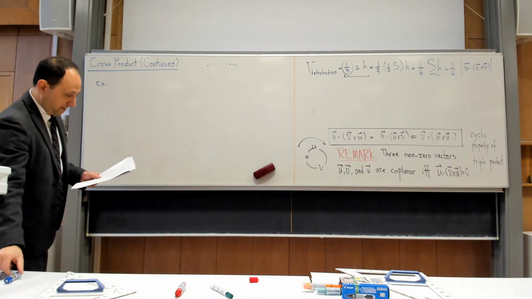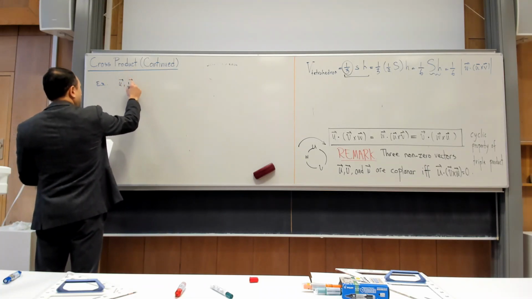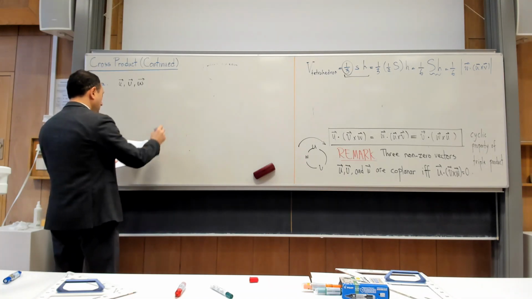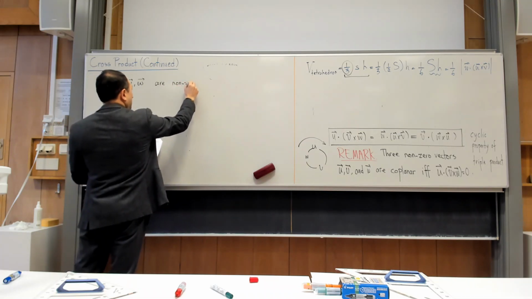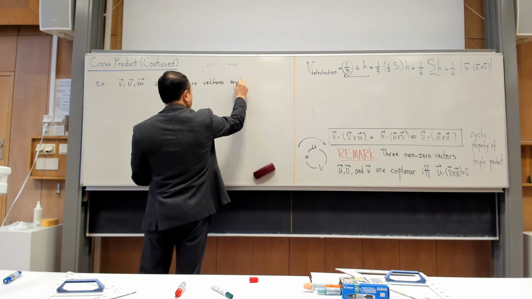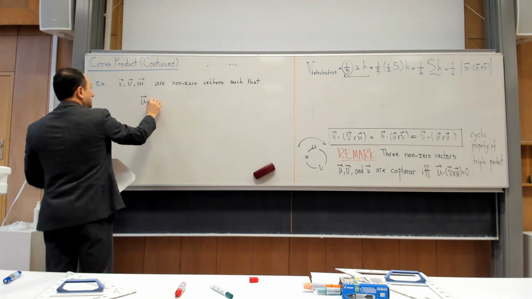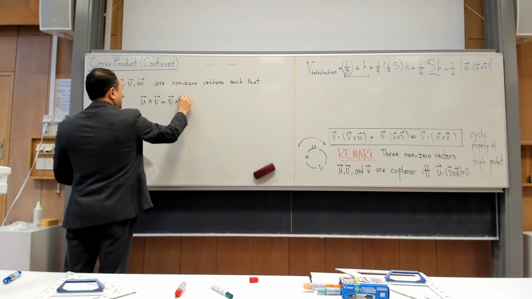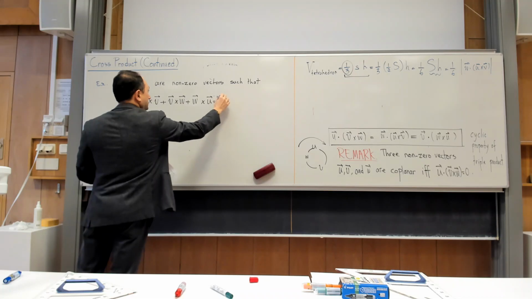So, U, V, and W are non-zero vectors such that we have this property: U cross V plus V cross W plus W cross U is the zero vector.